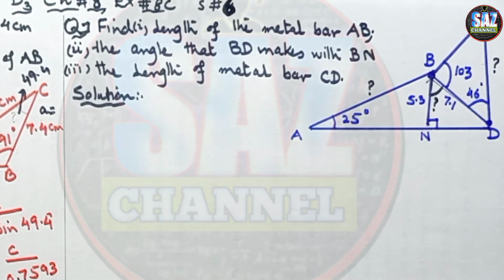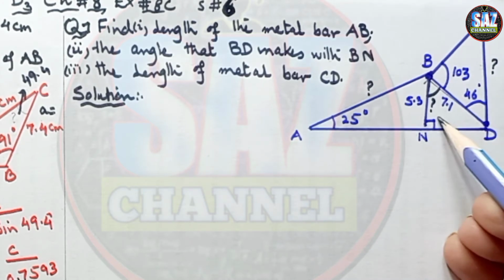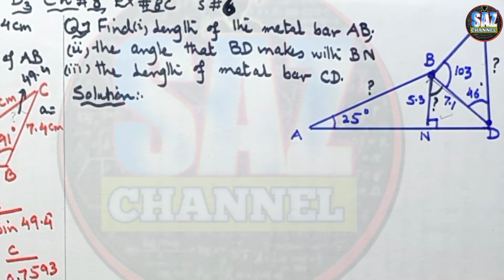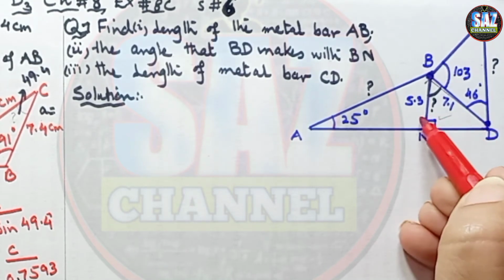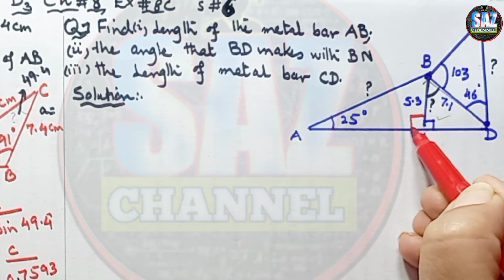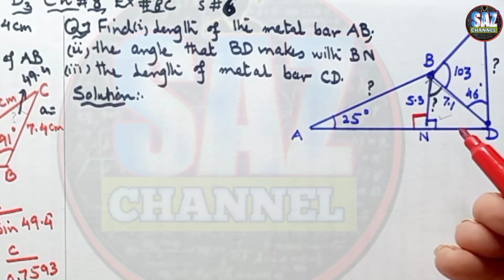These three are the unknown of this question. And if we look at the diagram which is given in the question, we can see that there is the presence of 90-degree angle at this place at the vertex N. So if it is 90 degree, this remaining part of the angle will also be 90 degree measure.